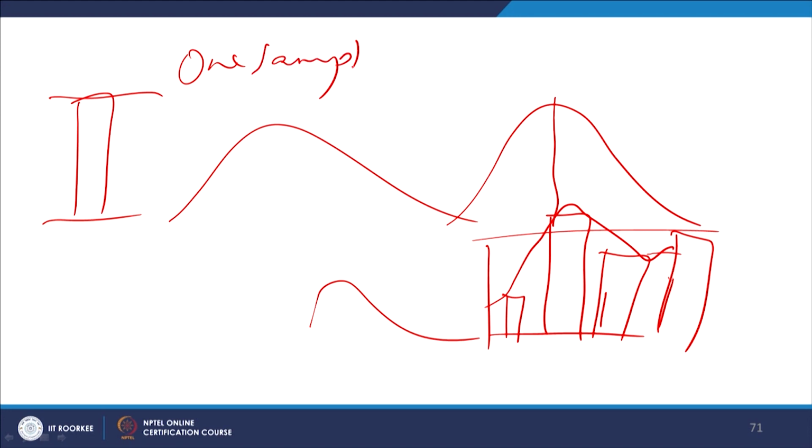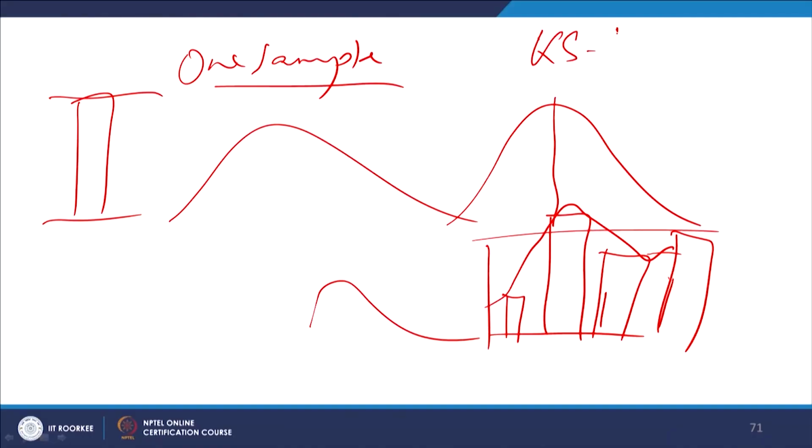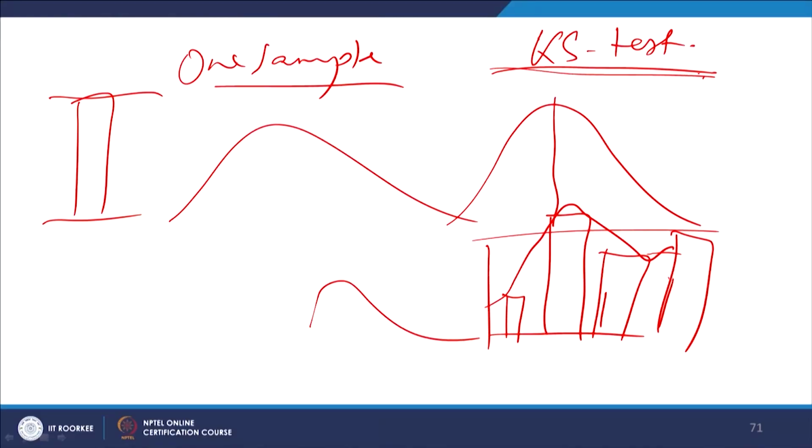On the other hand, when you do a non-parametric test, you do a KS test basically, right. The one sample test helps you to find out whether the population and the sample are connected or related or not. Similarly, the KS test also helps you to check normality, and it helps you to find out whether the sample is part of the population or not, right.